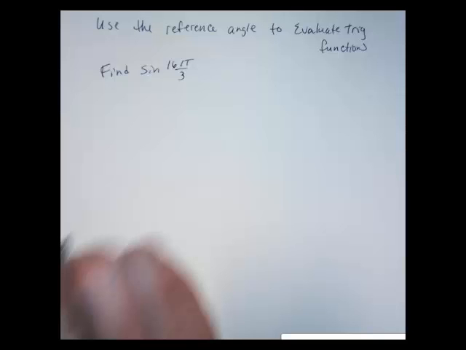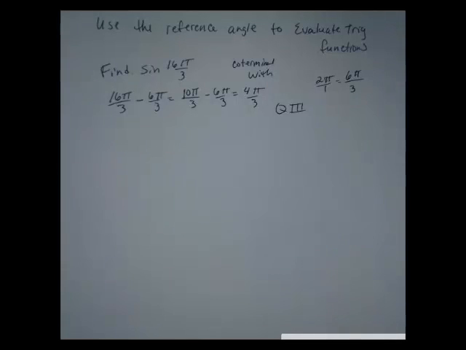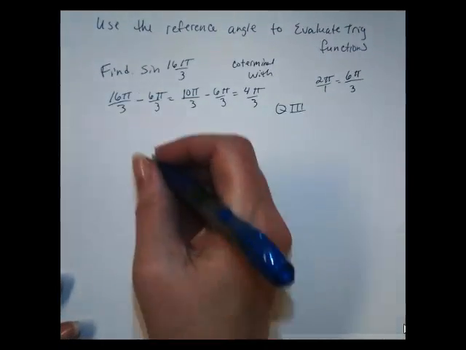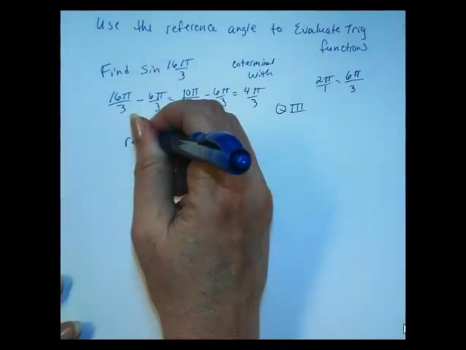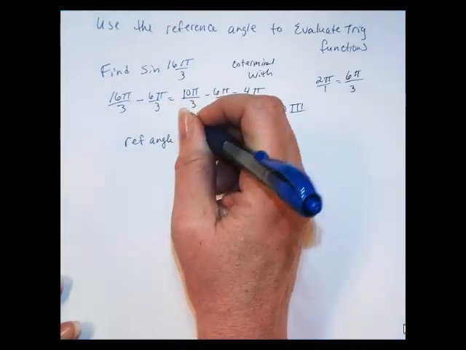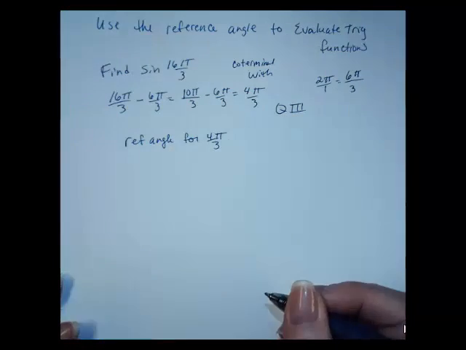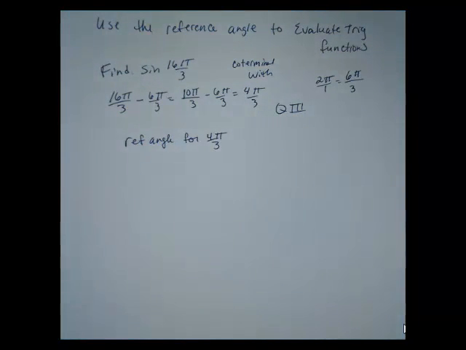So 4 pi over 3, this is 1 more than our denominator, so this tells us that it is going to be in quadrant 3. Now the reference angle for 4 pi over 3 is going to be what?